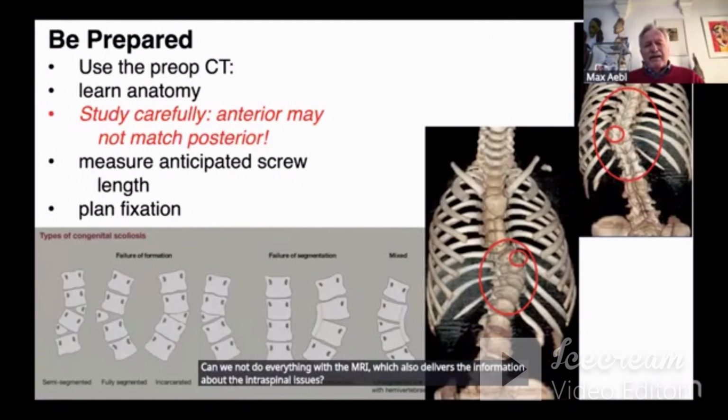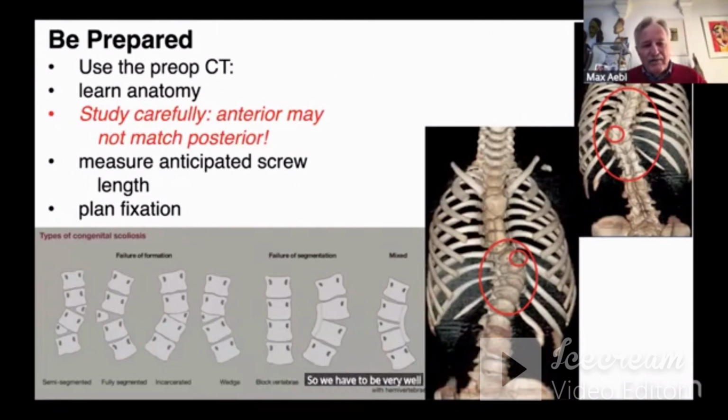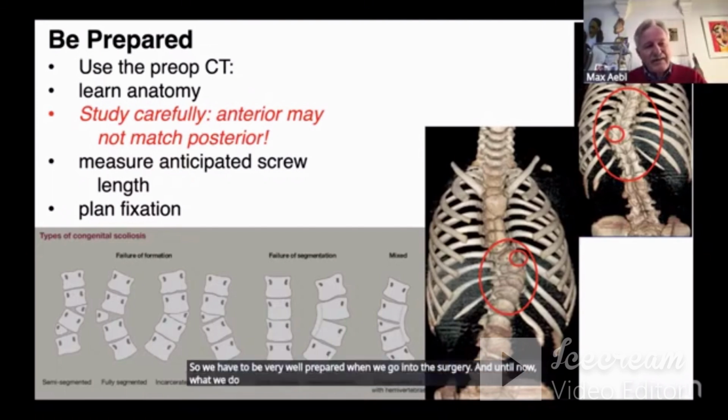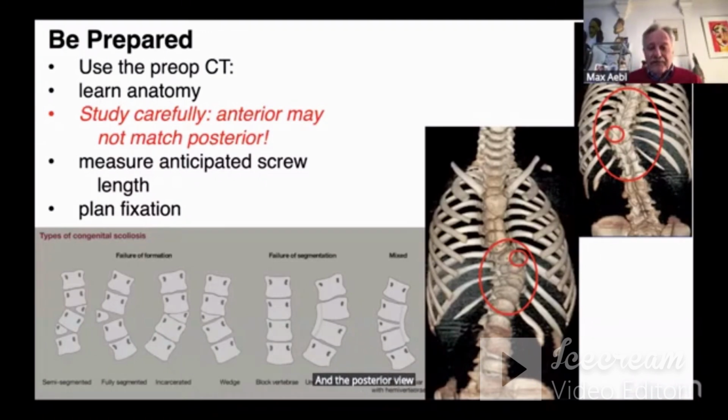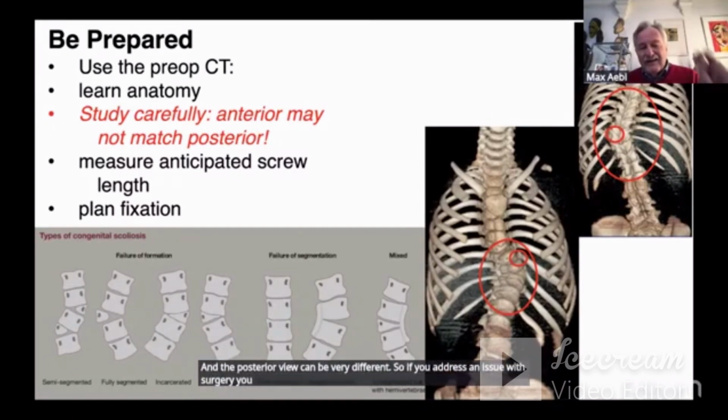So we have to be very well prepared when we go into the surgery. And until now, what we do is we use the CT scan. And what is the crucial issue in the anatomy is to understand that the AP view and the posterior view can be very different. So if you address an issue with surgery, you have to be clear what you're really addressing.